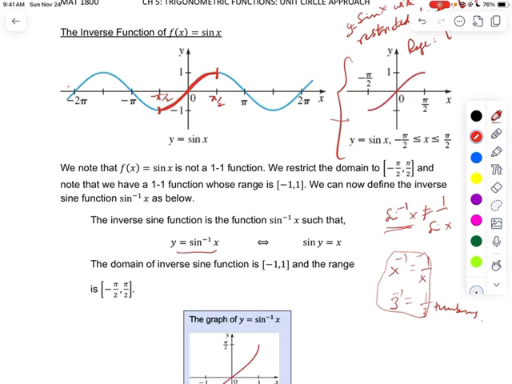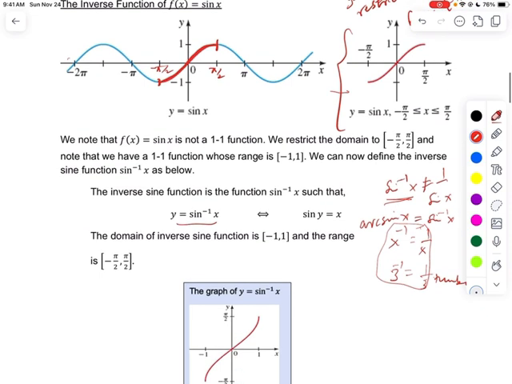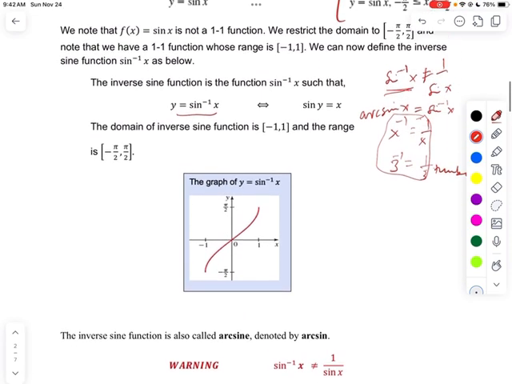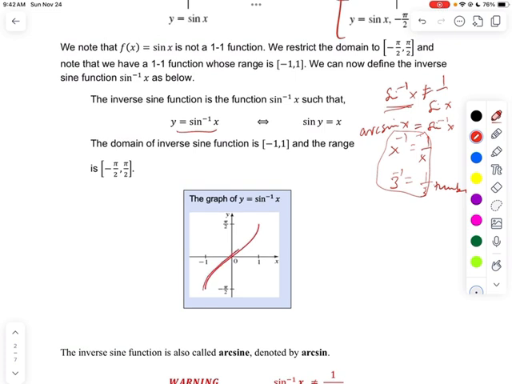Now we have a restricted domain, so we can take that as our sine function and define the inverse sine function. We say that y equals sine inverse x. We write it like this and read it as sine inverse. We do not say sine raised to the power of -1.